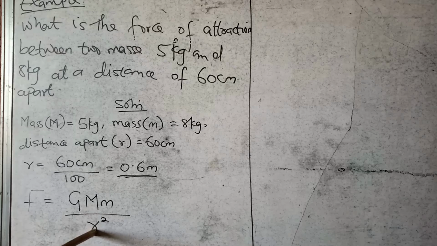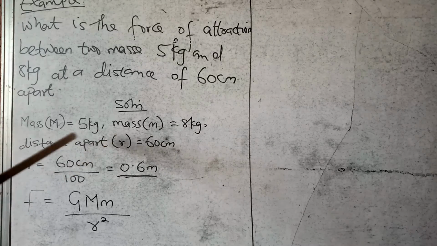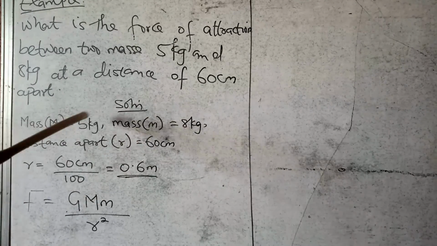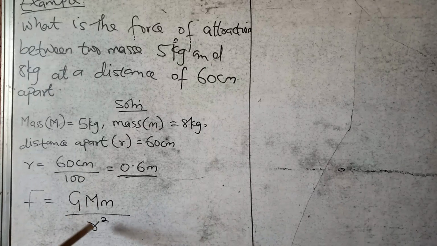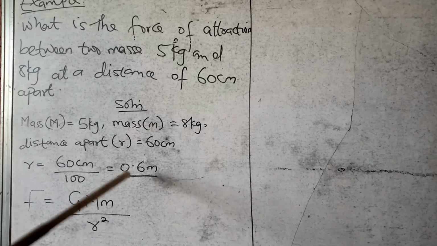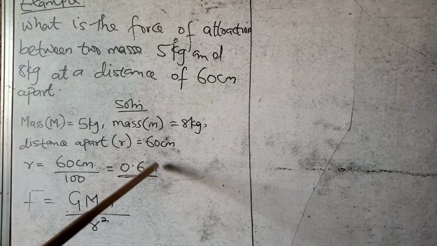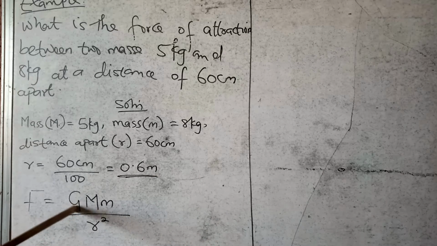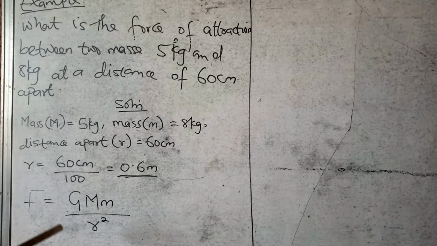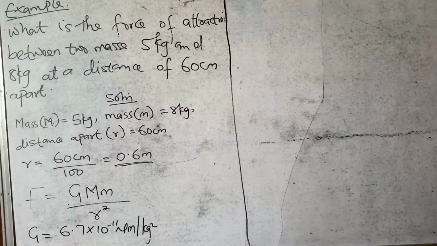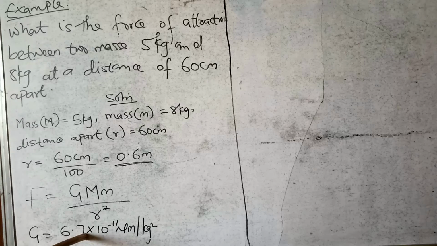So the next thing is to write down our equation of force of attraction. The equation of force of attraction, F. Now, the equation for force of attraction, F, is given as the product of the gravitational constant and the two masses divided by the square of their distance apart.